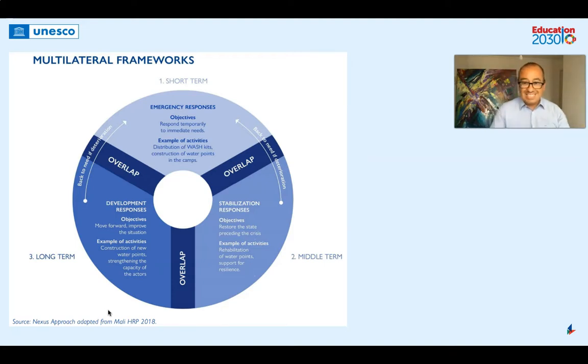So for instance, in the short term, we talk about the emergency response. And when we are talking about the emergency response, we have a specific objective there, and the specific objective here is to respond temporarily to the immediate needs. One of the examples, let's talk about the water and sanitation elements that we need to incorporate in schools.